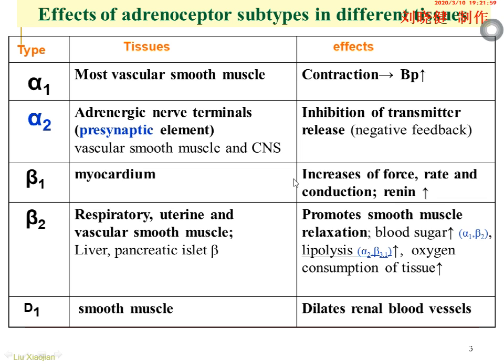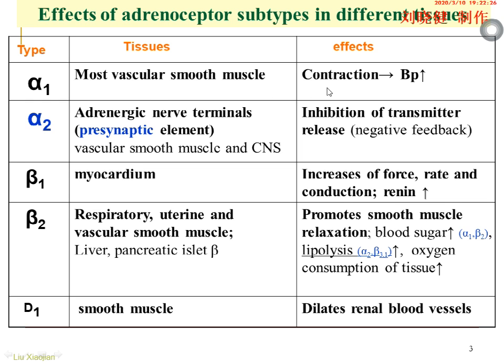Before I introduce the drugs, you also need to review the effects of adrenergic receptor subtypes in different tissues. Maybe you still remember this. Alpha 1 receptor mainly resides in smooth muscle, especially in many blood vessels.